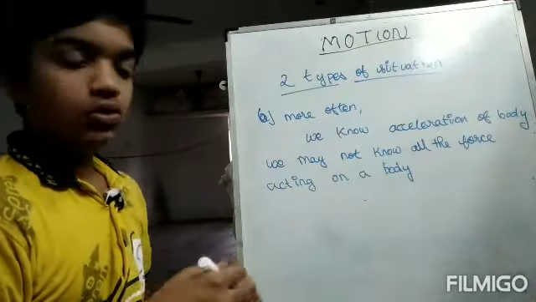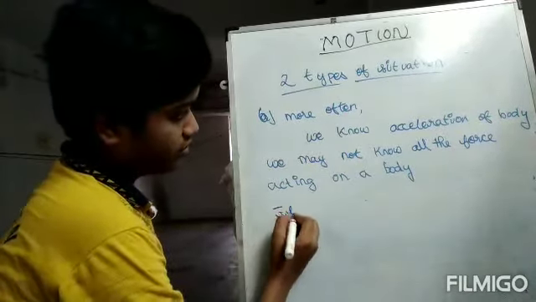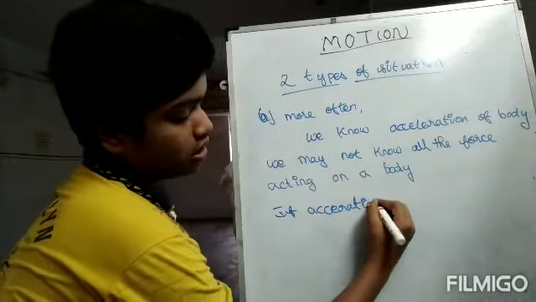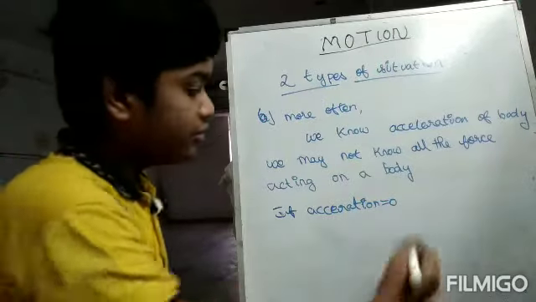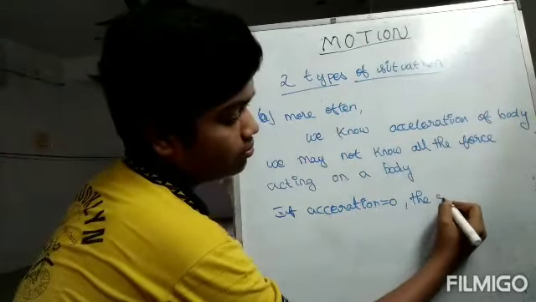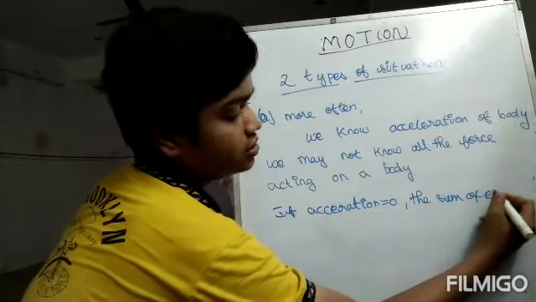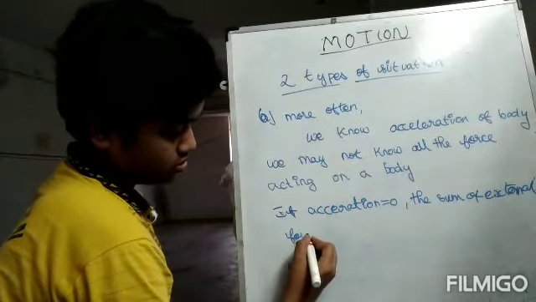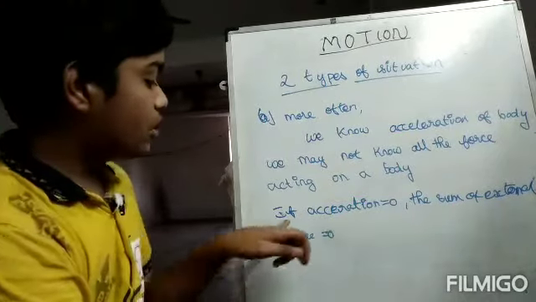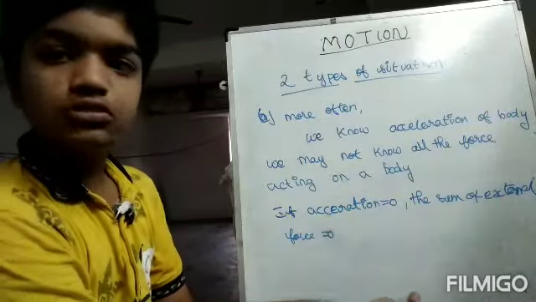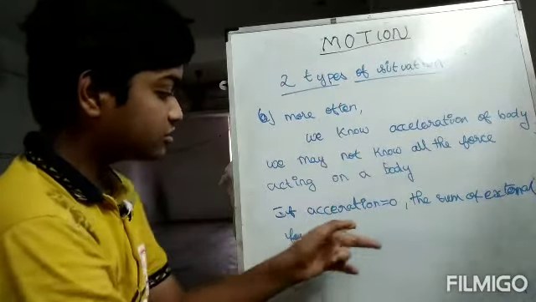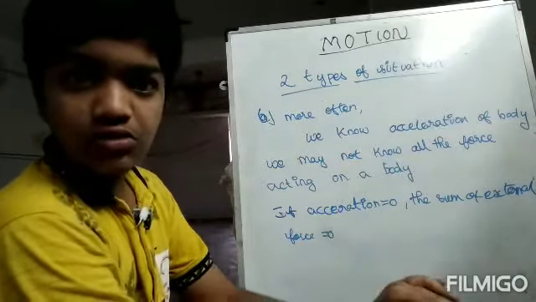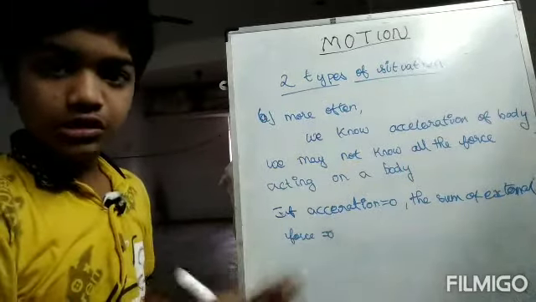So if acceleration is equal to 0, then the sum of all external forces will also be 0. We use the same formula but vice versa. So when the acceleration is 0, the sum of all external forces will also be 0.